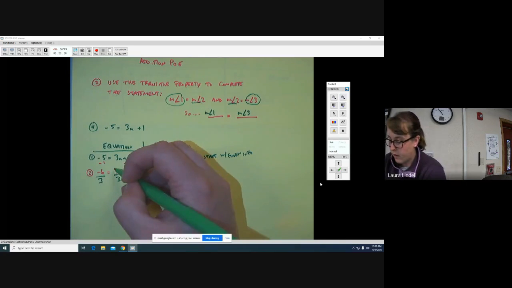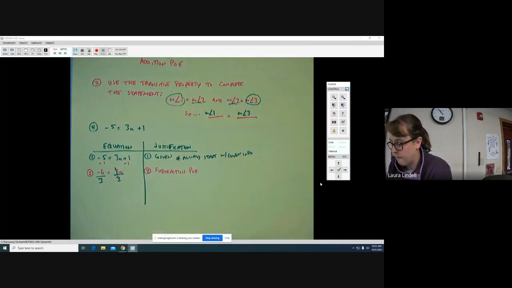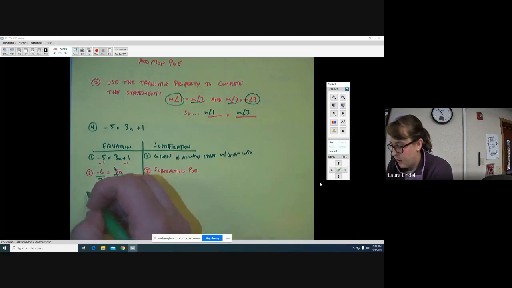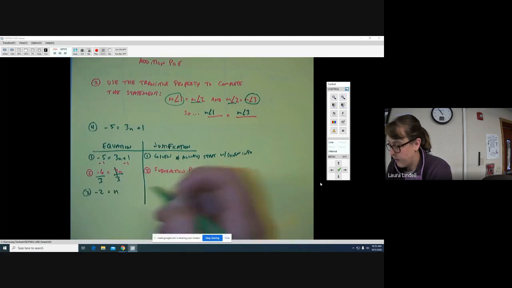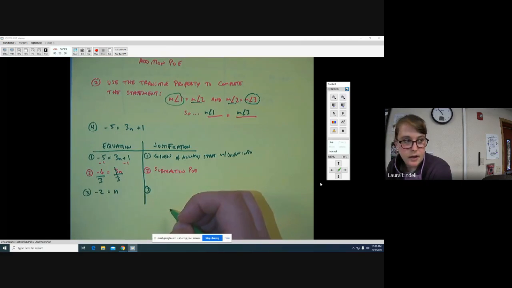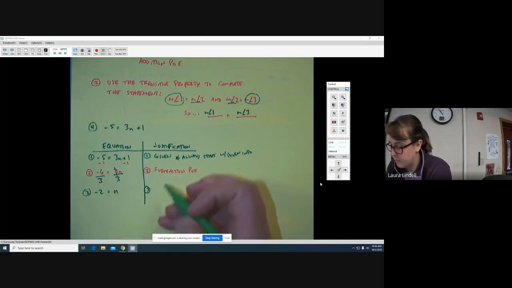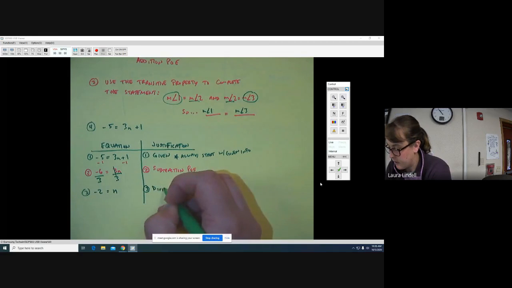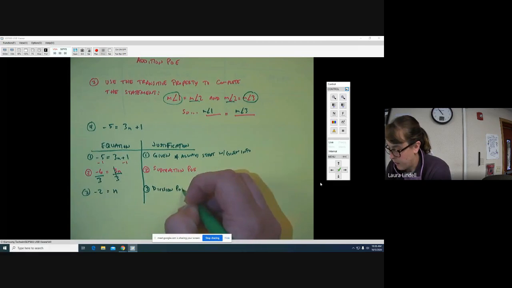We would divide by 3 on both sides to get rid of that 3. And then -6 divided by 3 is -2. And so since we divided on both sides, this would be the division property of equality.